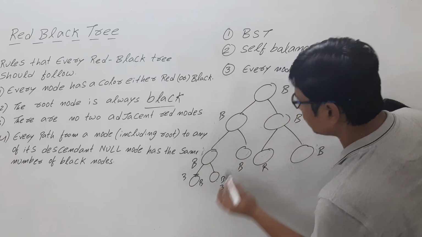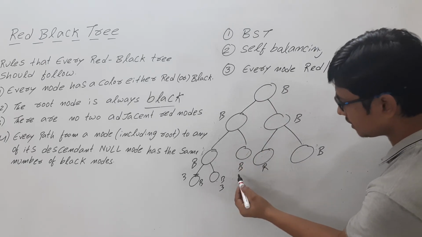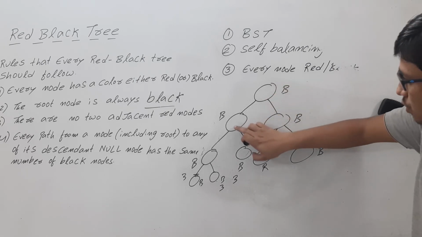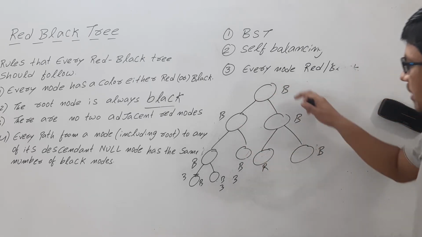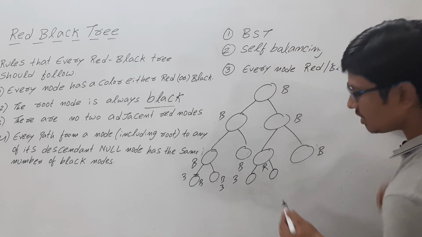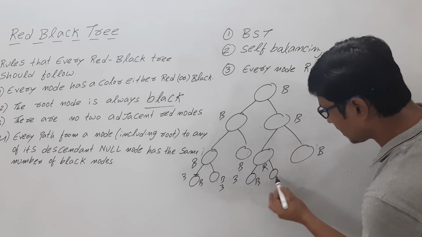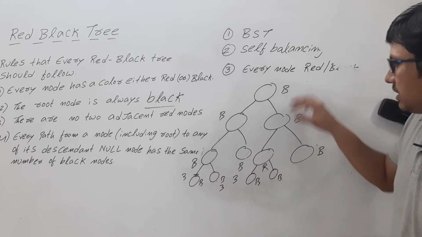Here also 3. 1, 2, 3. Wherever you go here, you will visit 3, and to this right also you will have 3. But if you come to this one, it will also have null nodes in the black color. Am I right or wrong? Because it does not have a left child or a right child.